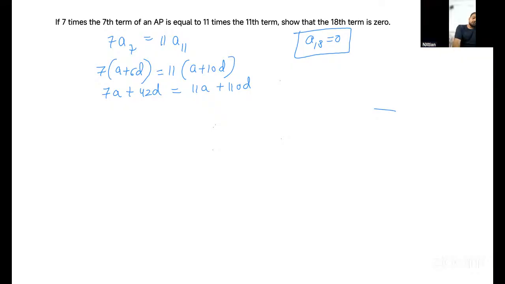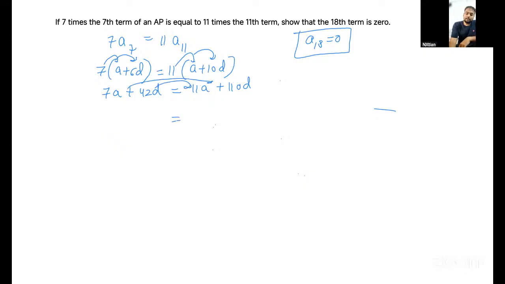Yeah. So if I shift all the things to the left side, it becomes 7A, or I can do one thing instead: I will send all of this to the right side.